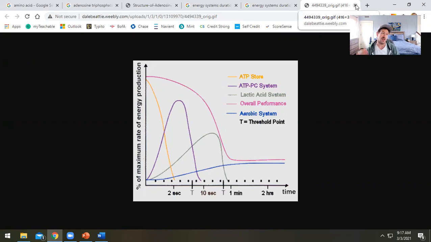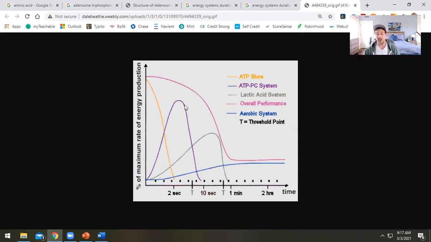The aerobic system is going to be aerobic glycolysis, which is glycolysis that takes place on the inside of the mitochondria. We don't talk about that one too often, but it's the stopgap that takes place while the energy systems are switching. We've got the Krebs cycle, or the citric acid cycle, whatever you want to call it. And then we have the electron transport chain at the end. So those three, aerobic glycolysis, aerobic, not anaerobic, Krebs cycle and electron transport chain are all aerobic energy systems.